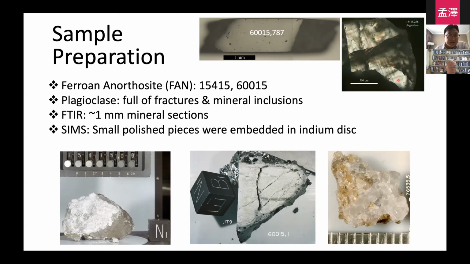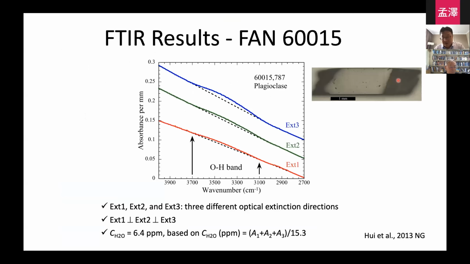For the SIMS analysis, small polished pieces were embedded in a disk. Both grains in our study were analyzed by both FTIR and SIMS, as I will show in the next few slides.